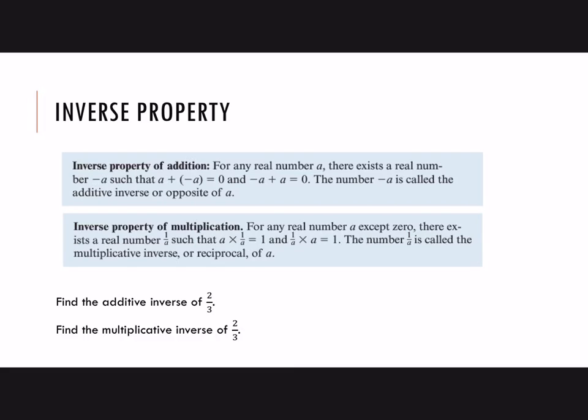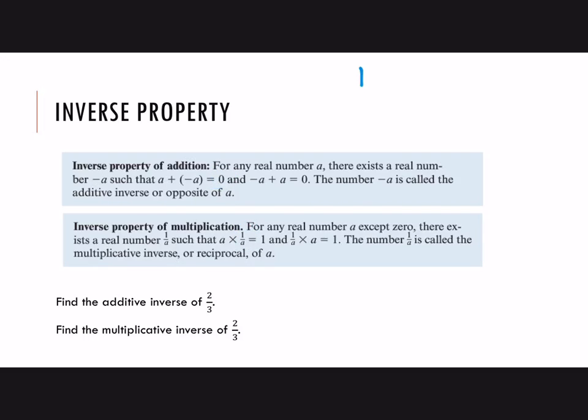All right, the inverse property. Within the set of real numbers, every real number has another number that can be added to it so that it equals 0, and every number has an inverse or a reciprocal that can be multiplied by it to get the number 1. In other words, we're trying to get back to those special identity elements.